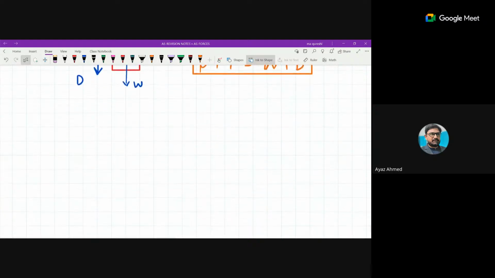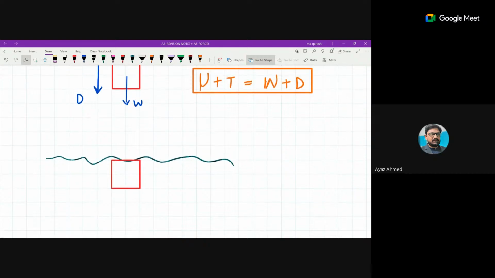This object will have the same upthrust and same tension until it reaches the surface of the liquid. Till this point, everything will be the same: the tension on the rope is upward, weight is downward, upthrust is upward, and viscous drag is downward.